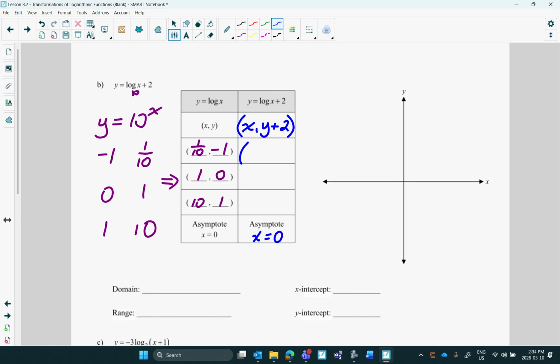So the new coordinate of the first one would be 1/10, 1. Then 1, 2. Then 10, 3. So the vertical asymptote stays here.